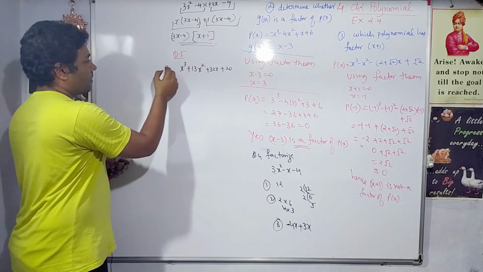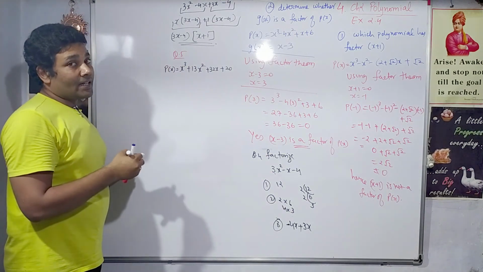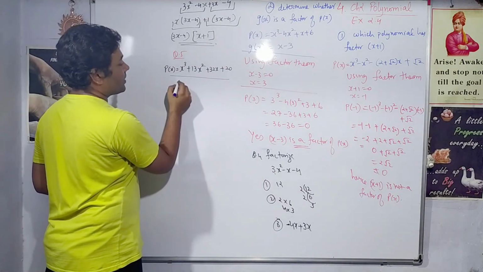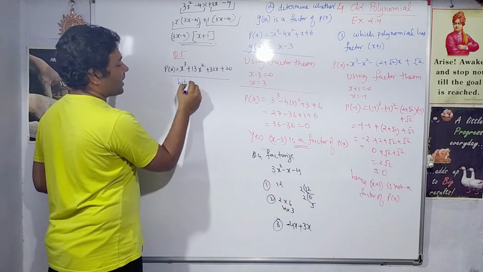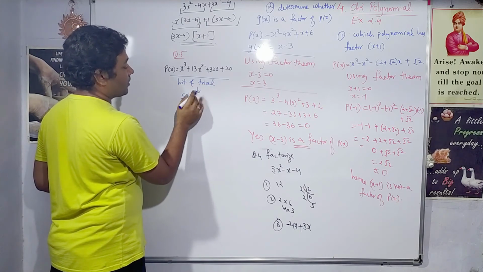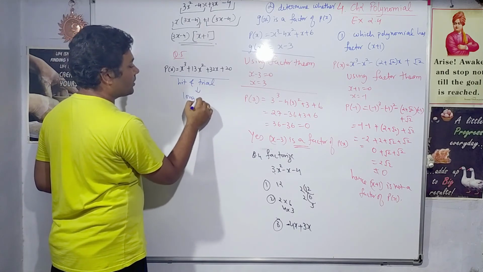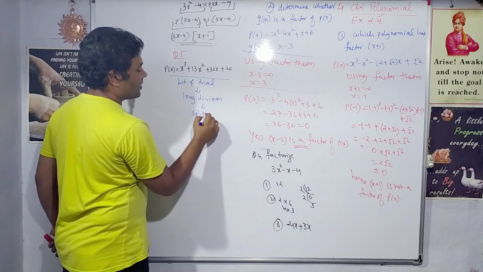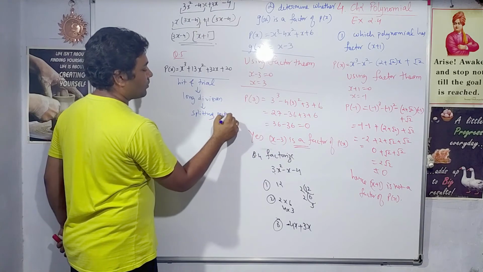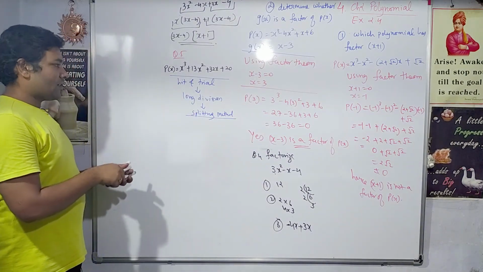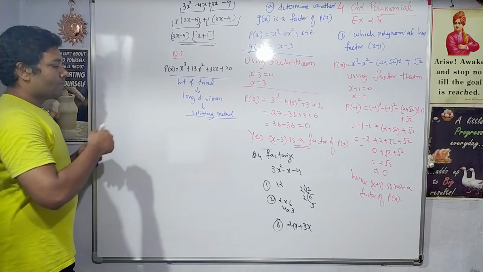Let us say this is p of x. As I said, what do we use in the cubic method? In the cubic method, we start with the hit and trial method, then we use the long division method, and then we use the splitting method. These are the steps to use in a cubic equation.